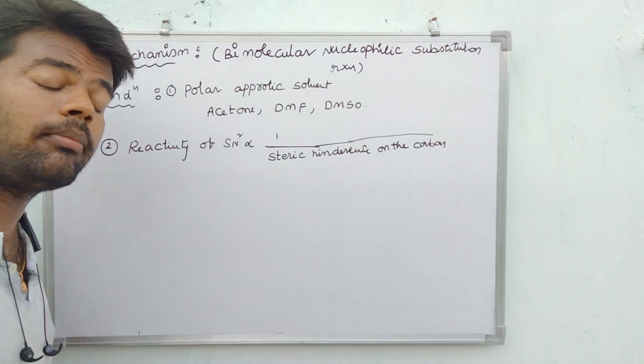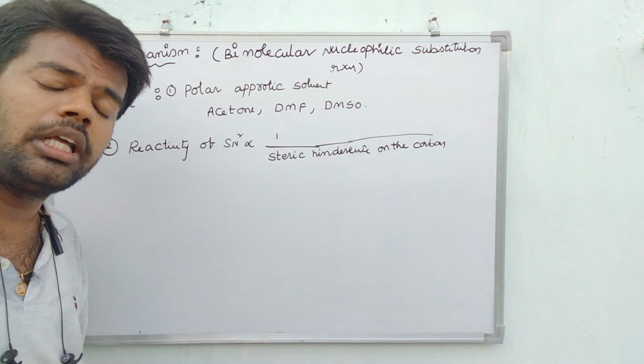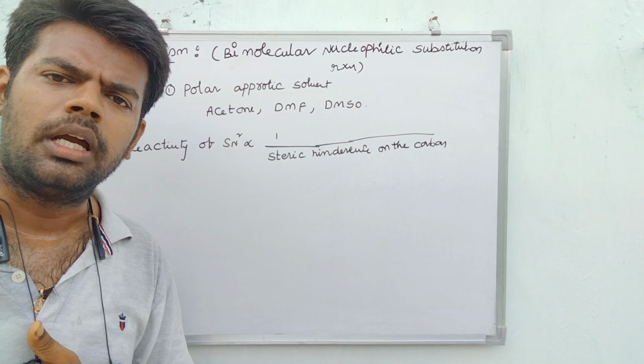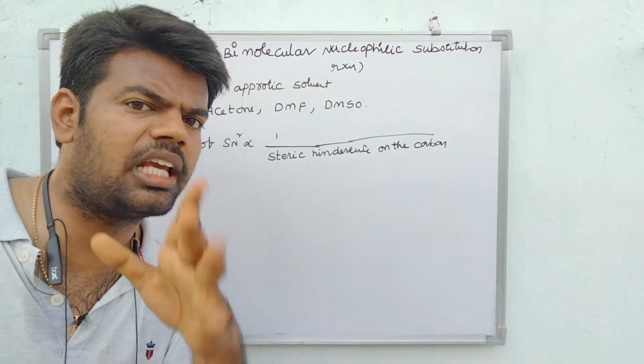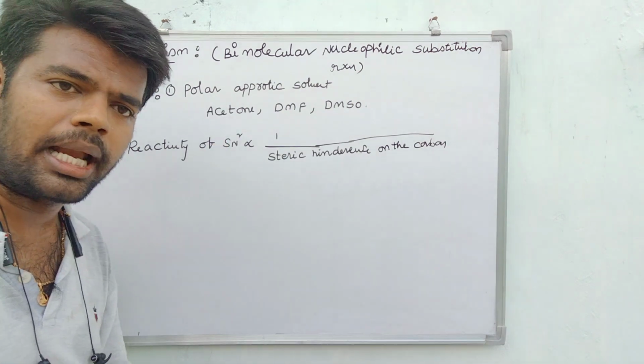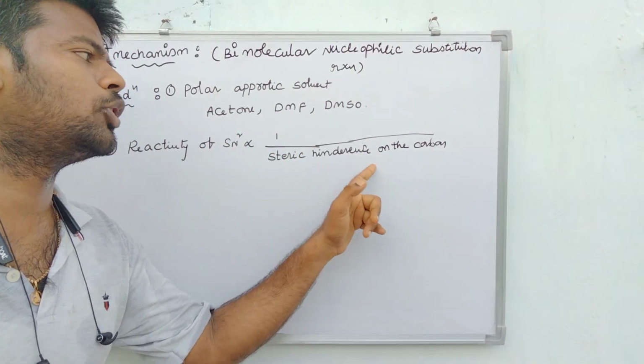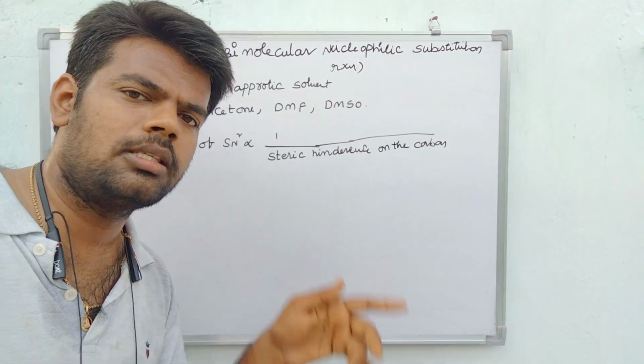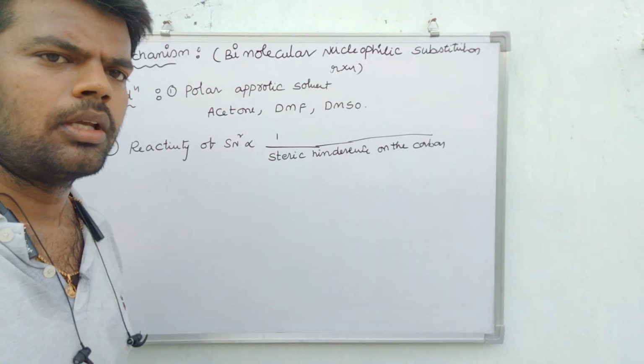But for the SN1 mechanism, we know the reactivity is directly proportional to the stability of the carbocation. The reactivity of the SN2 mechanism is inversely proportional to what? Steric hindrance on the carbon atom.